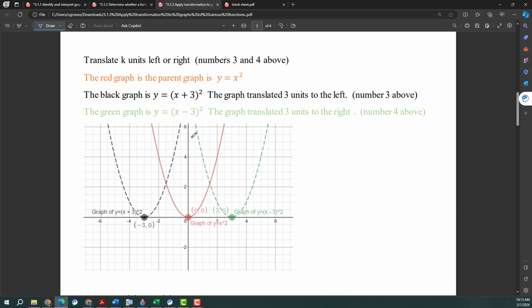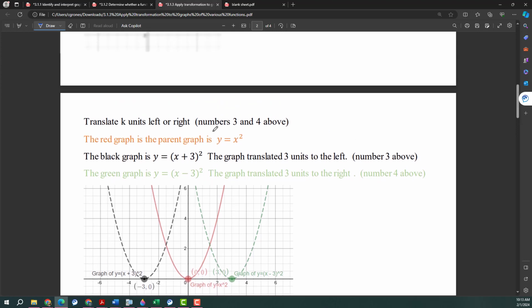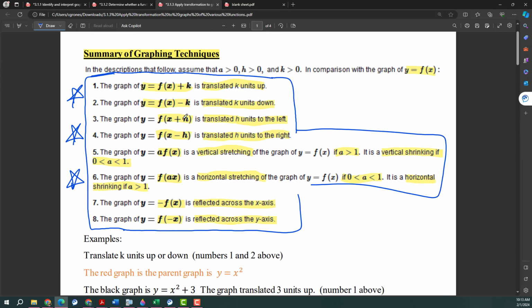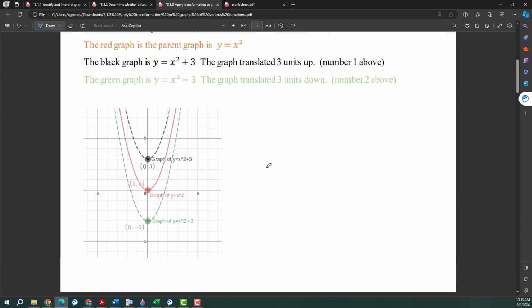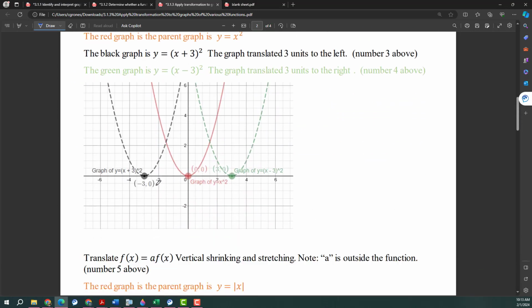Then in the black graph, we have x plus 3 in parentheses, and that is squared. Remember, anytime that we have a positive h, it is going to go to the left, and a negative h is going to go to the right. So this is the graph with the plus 3, and then we have minus 3. So we move it over 3 points from our origin.